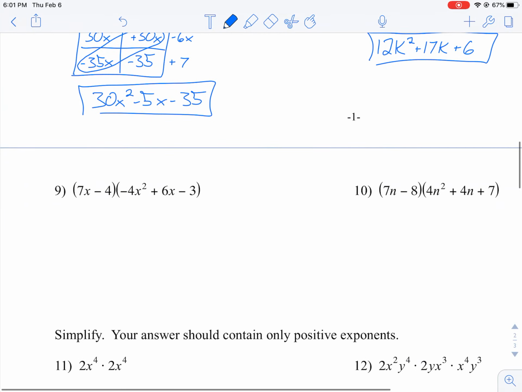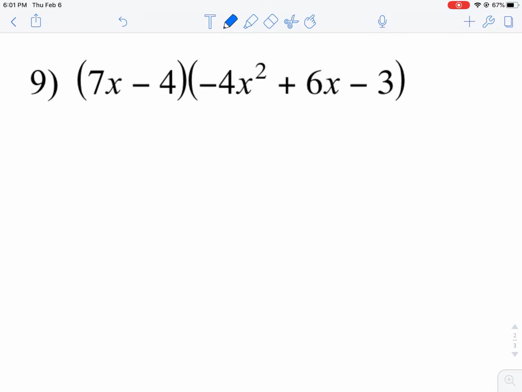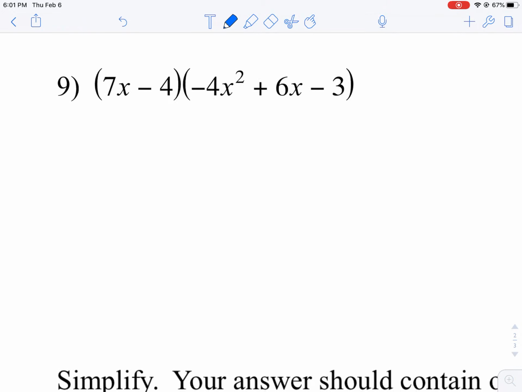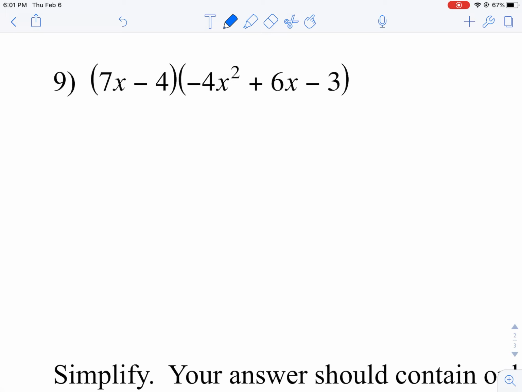I also threw in another here for if I have a binomial times a trinomial. If you're doing FOIL, just be very careful to keep track of what you're doing here. Maybe you want to do the rainbows one at a time. So if you have 7x times negative 4x squared, gives you negative 28x to the third. Then 7x times 6x gives you positive 42x squared.